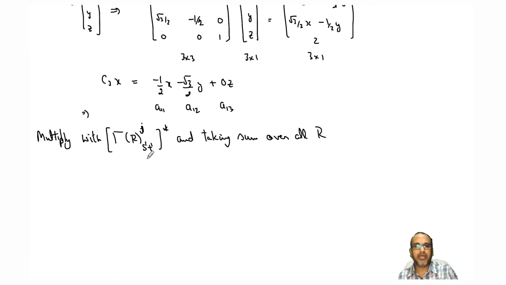So now I'm trying to make an expression which is similar to what we have learned in great orthogonality theorem. So that's why I'm multiplying this and taking sum over all r. So what do I get?